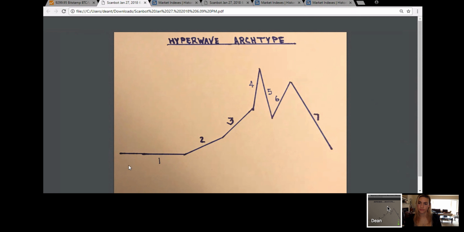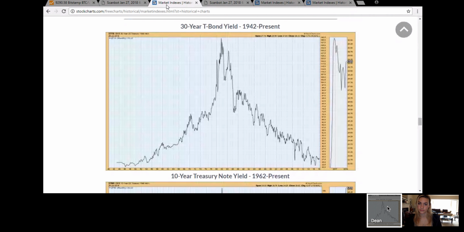It's in 7 phases, 1 through 7, with the first 4 being up, 5 being down, 6 being up, and 7 being down. The first example I'm going to point to today is the largest hyperwave that I have cataloged.